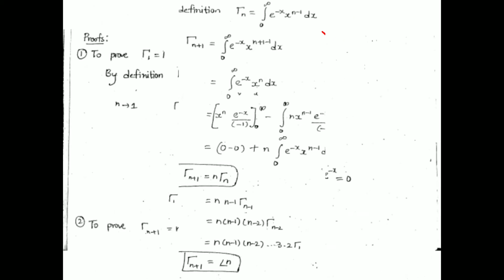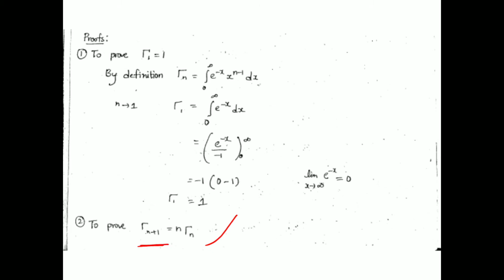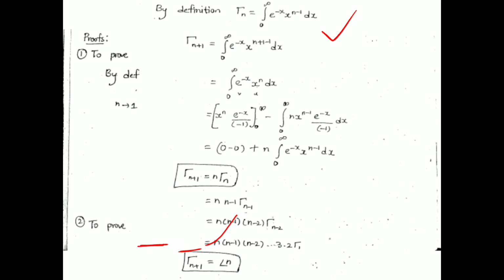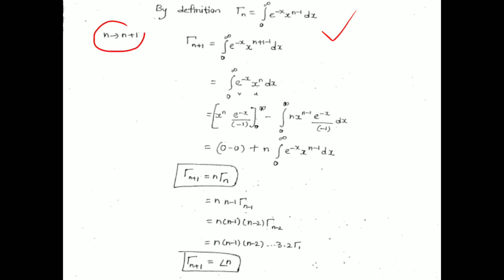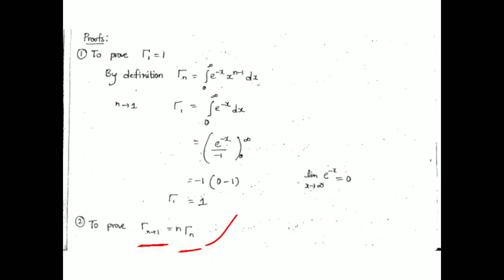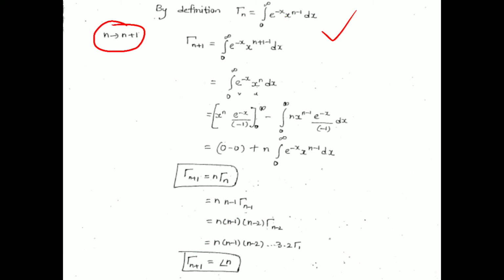Now, as we are given gamma n plus 1, which is to be written in the form of n gamma n, here n has to be replaced with n plus 1 in this equation. If we do so, e power minus x remains the same, and x power in the place of n plus 1 is written minus 1.